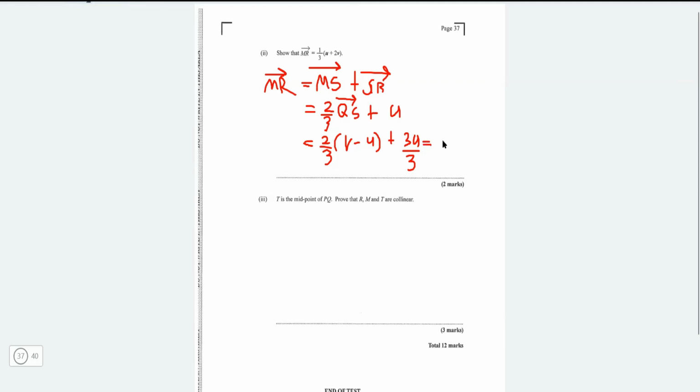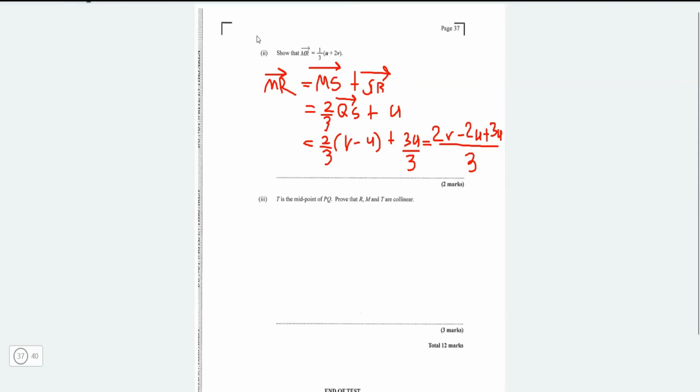Then this becomes 2V minus 2U plus 3U, all divided by 3. I just formed it as one fraction.